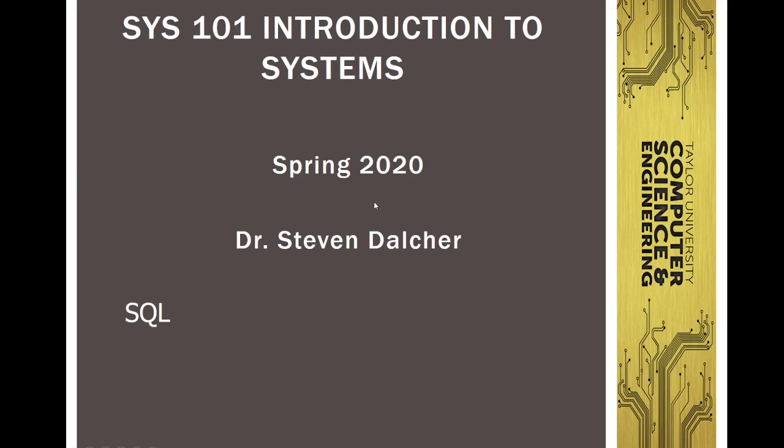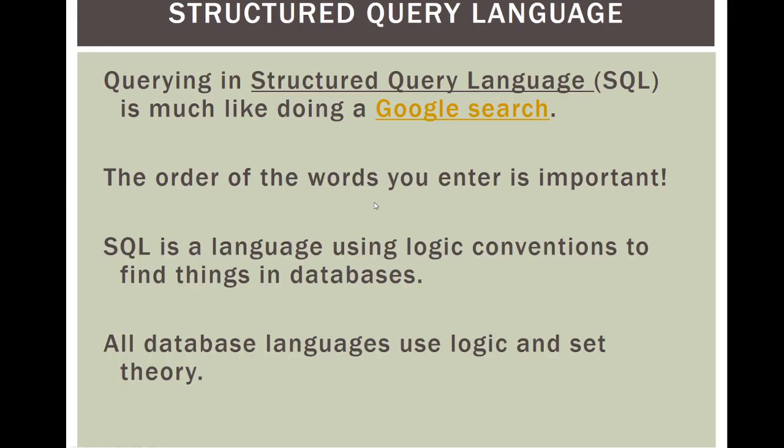All right. So first, let's talk a little bit about structured query language, otherwise known as SQL. Really, it's kind of like searching through Google. Some people are very good at searching for items out of Google, and sometimes it can be very frustrating because you have to be very specific in how you word things, and there are Boolean search functions that will help us find the things that we're looking for.